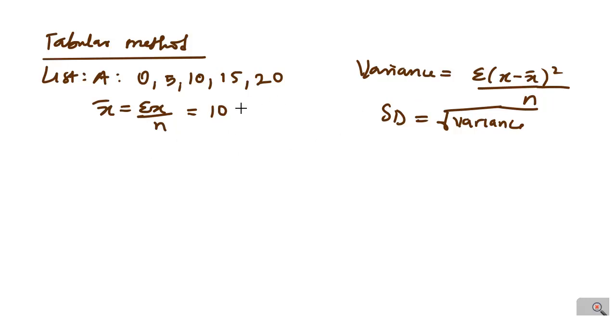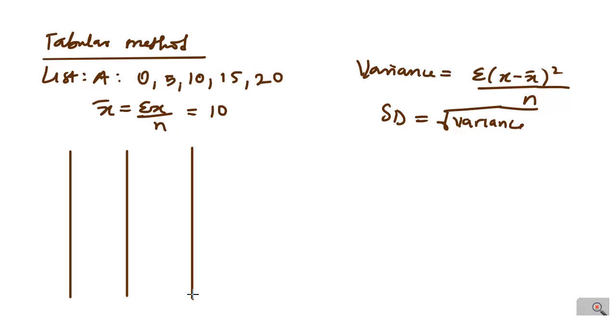So the information in the table will comprise a column for x. So let's create the column. We have a column for x, then we create a column for x minus x bar, then another column for x minus x bar square, and that's all. Because it is the formula that will determine how the table will look.